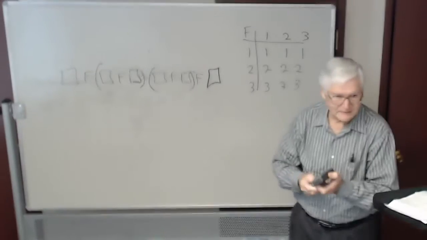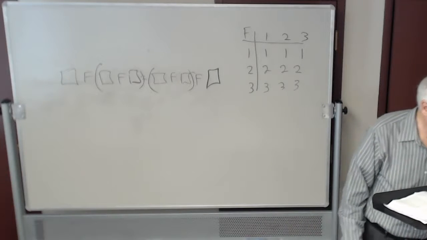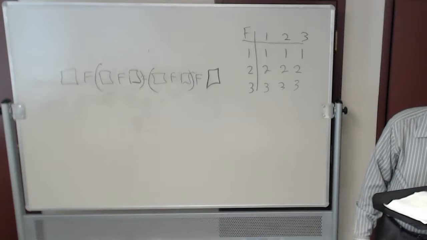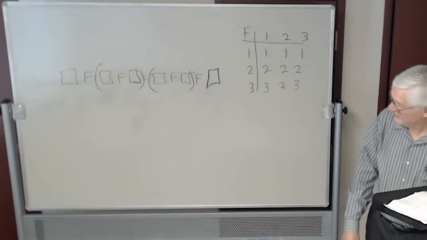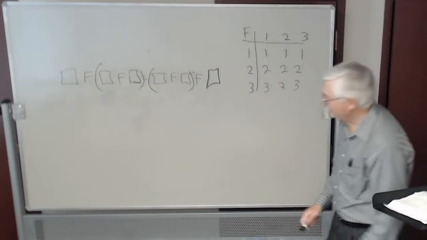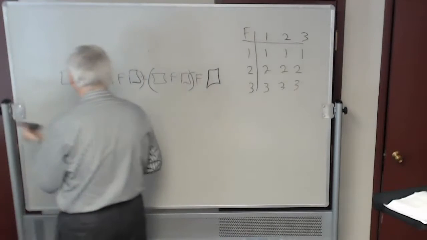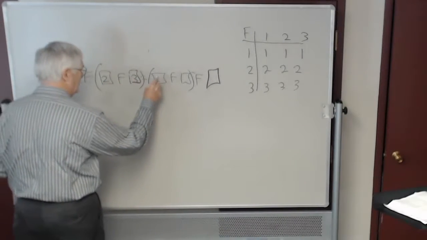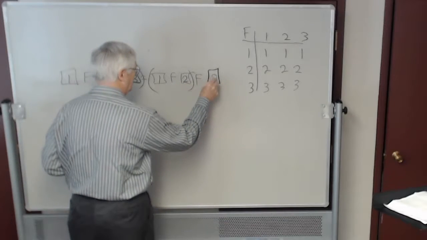Why am I putting empty boxes? Because we're going to put numbers in there. So for any three natural numbers A, B, and C, what are the numbers we're using? 1, 2, 3.